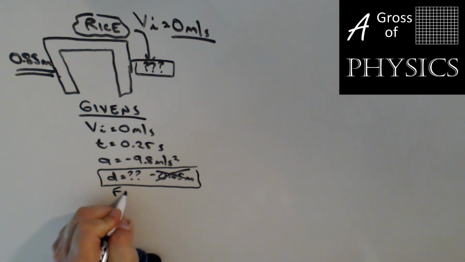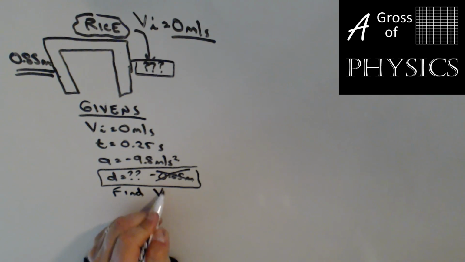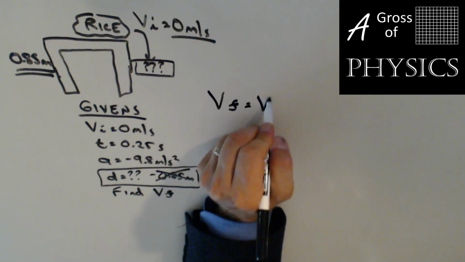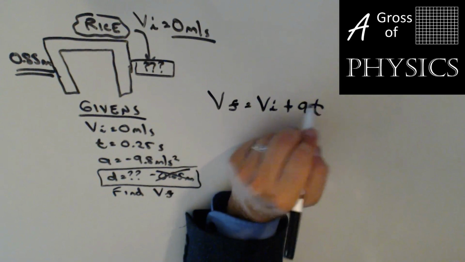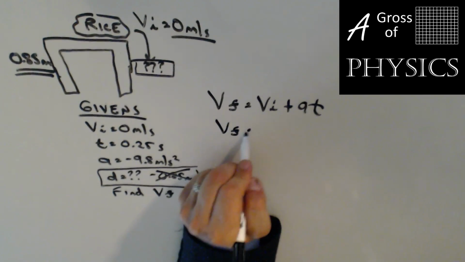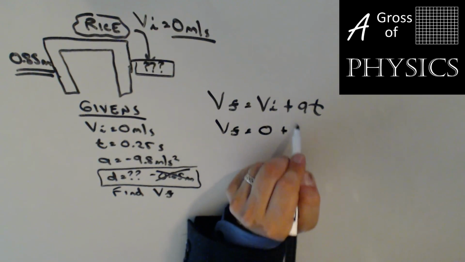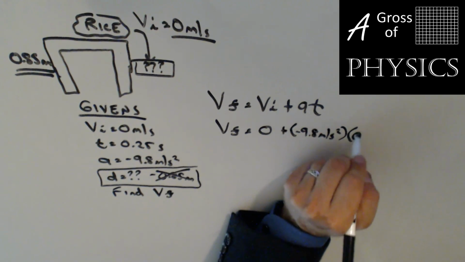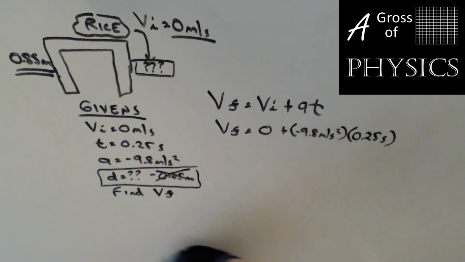Now, what we're trying to find is how fast, so VF. And if we look at this, it boils down to a strict VF equals VI plus AT. VF is unknown. VI is 0. Negative 9.8 meters per second squared times 0.25 seconds.